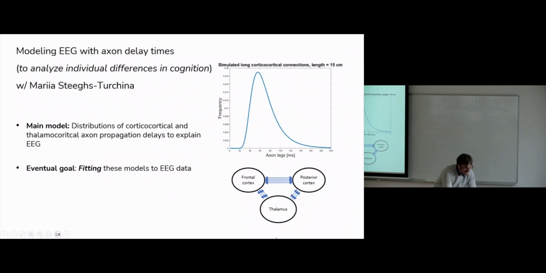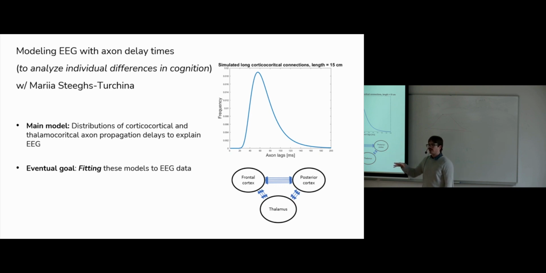One thing I'm also very excited about is that with my student Maria, we're building models of EEG that are just global models. A global model of EEG is something that assumes that the frequency dynamics and other dynamics of EEG are due to, in this case, axon propagation delays and no local behavior.